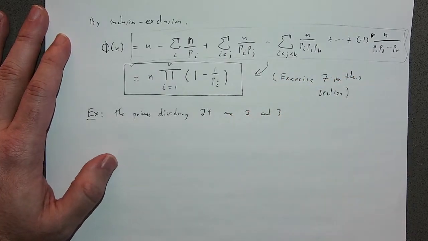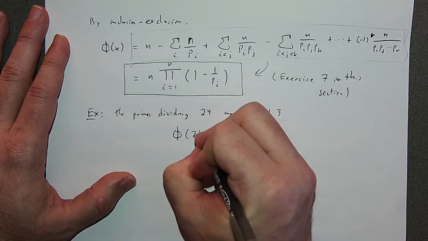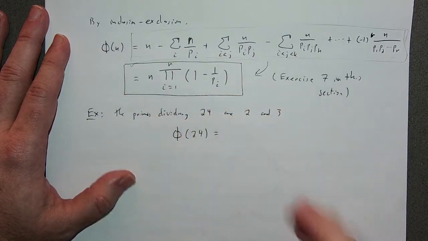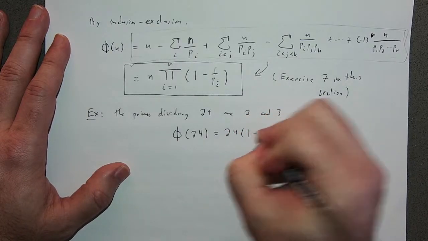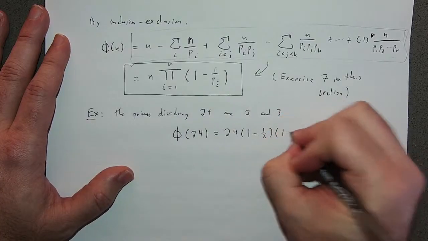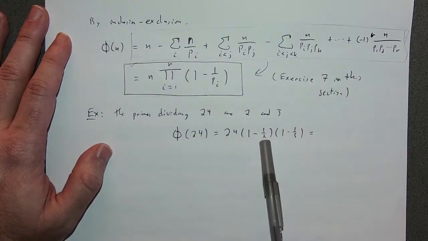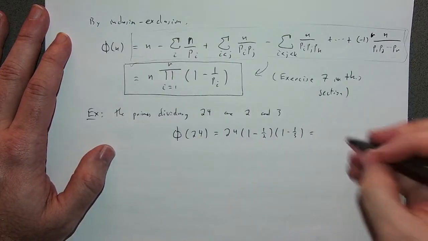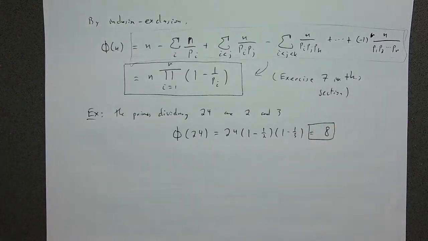So phi of 24, according to this formula, would be 24 times 1 minus 1 half times 1 minus 1/3, which is 8. So supposedly there should be 8 positive integers relatively prime to 24.